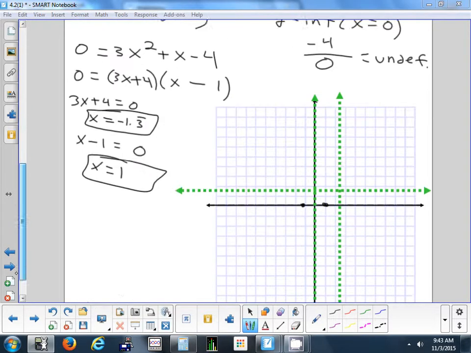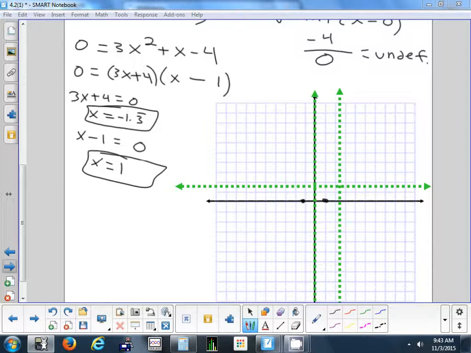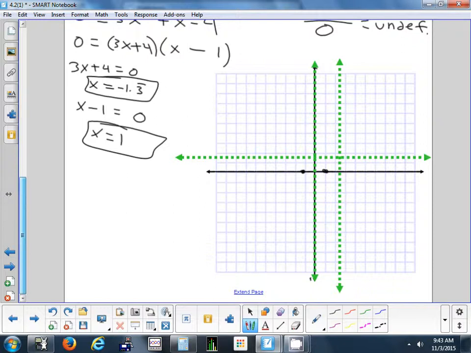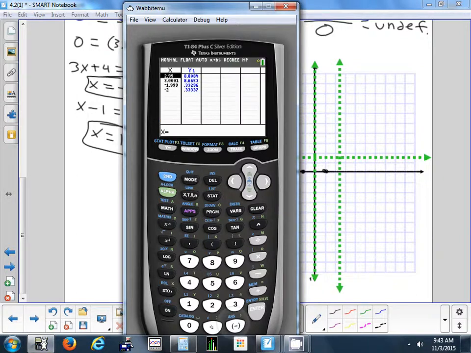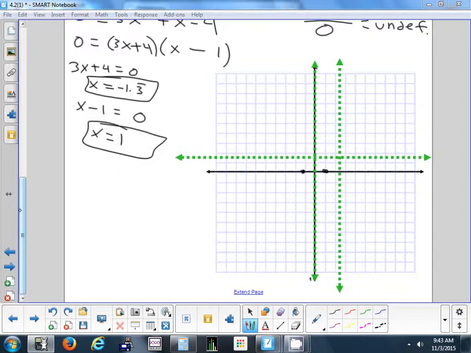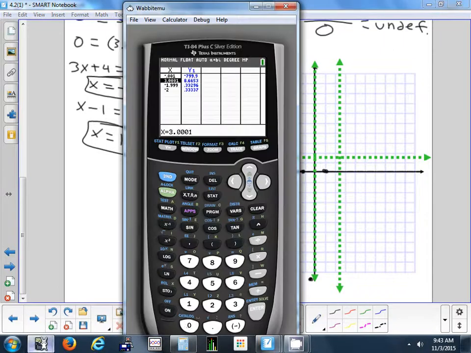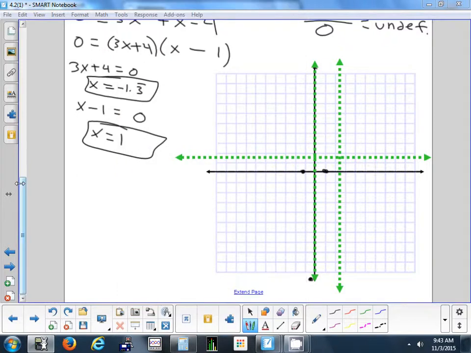I'm going to try a number just to the left of 0, like negative 0.001. My guess is it's going to be down very low. It is? Yeah, negative 800. So we're down here. Now my guess is if you try a number on the other side, it's going to be way up high. Try 0.001. Yep, positive 800.